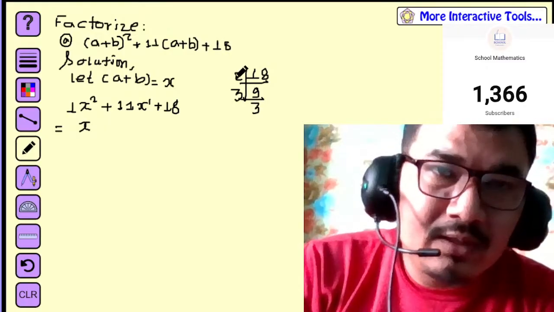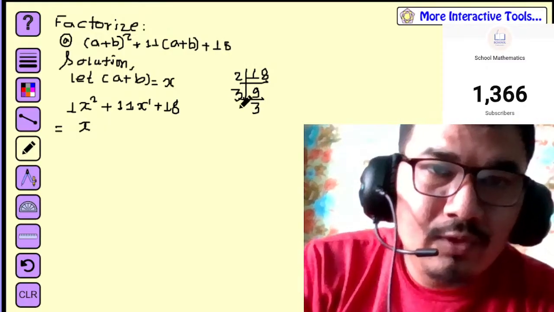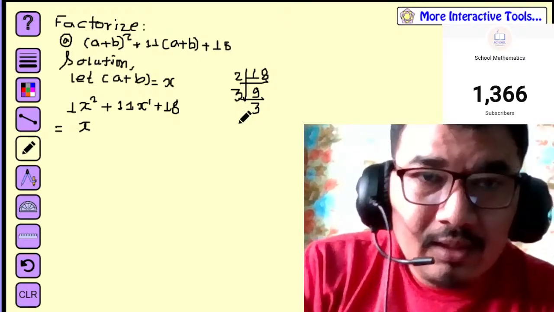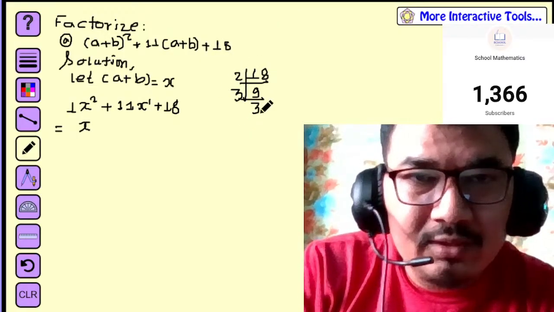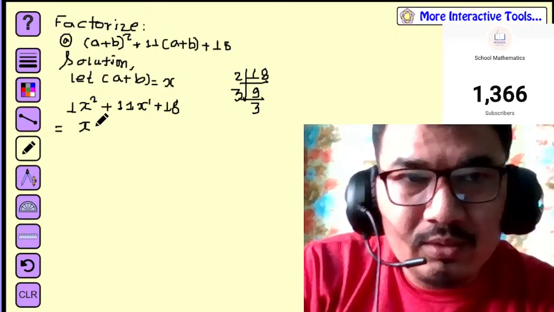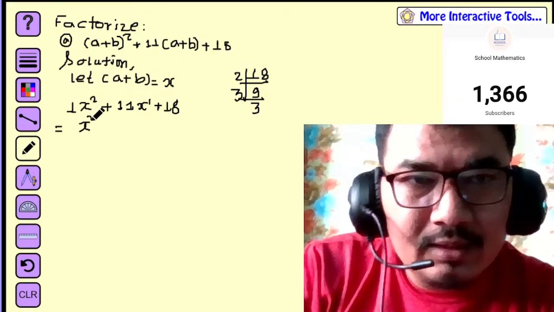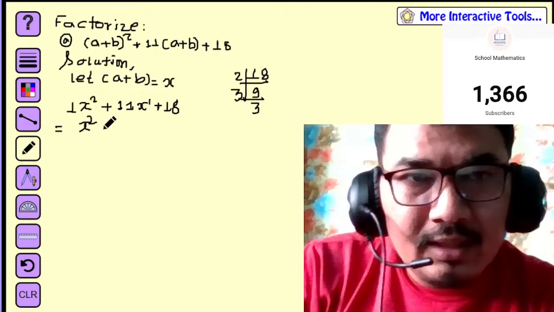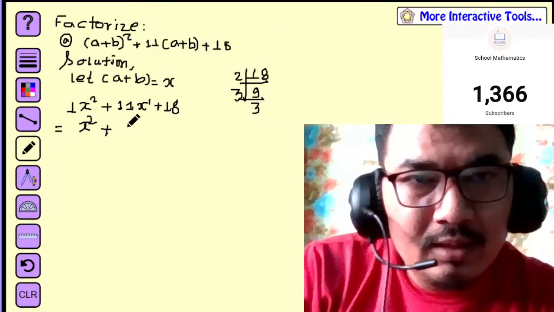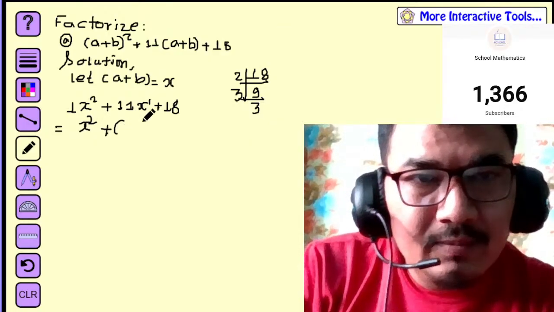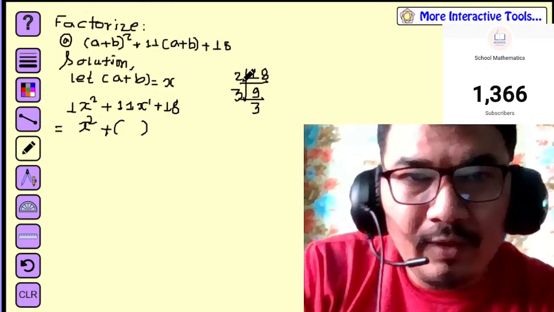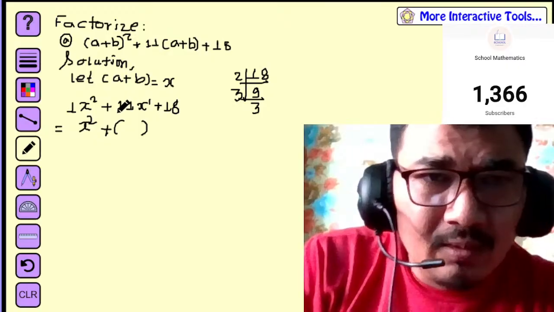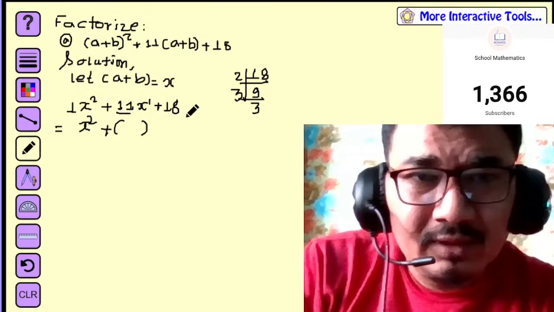Now there are prime factors 2, 3 and 3, and by using these prime factors we have to find out here x square. Now we are breaking the middle term. By addition of these two factors it must come 11, and by multiplication it must come 18.